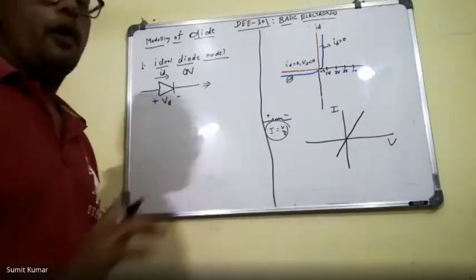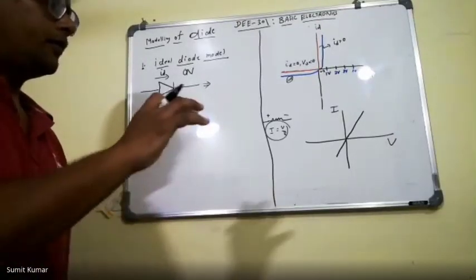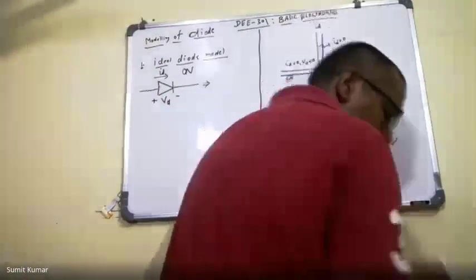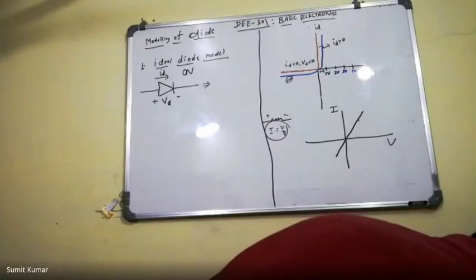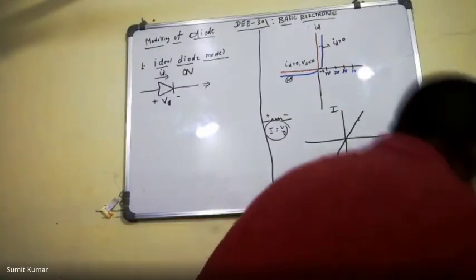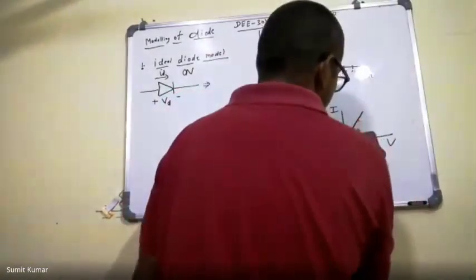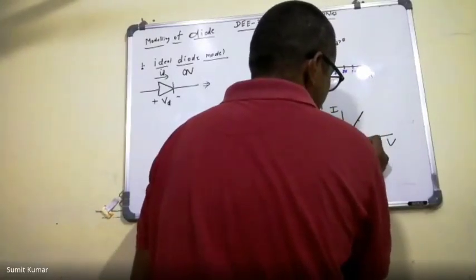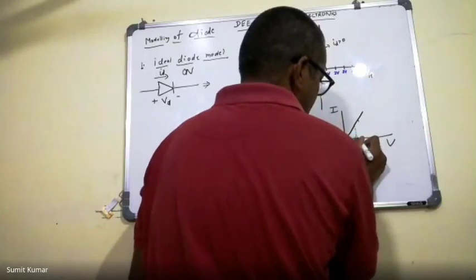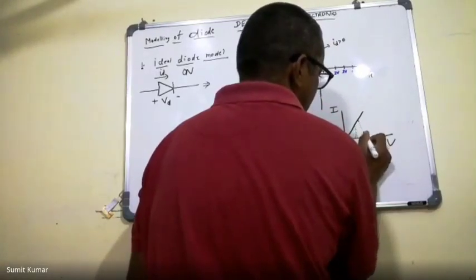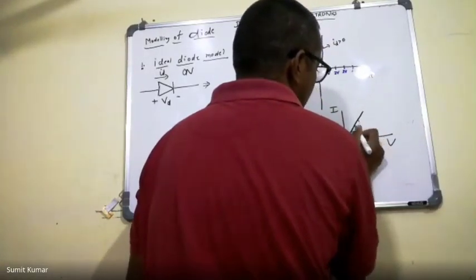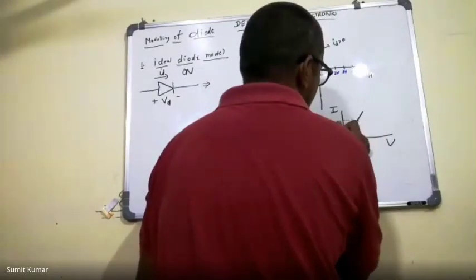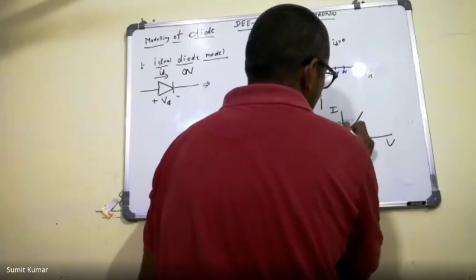By the slope of this characteristics line. If I try to find R for an interval, let us suppose there is some value of voltage at this point and some value at this point, and the corresponding currents are here.